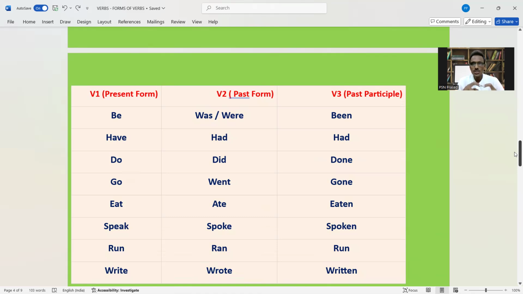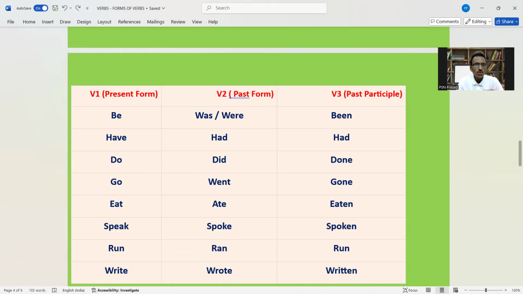The V1 form of the verb is used to say the actions that are happening in the present or that are going to take place in the future, right? And the V2 form is used for the actions that were already completed some time back. And coming to V3, they are used if the action is just completed and the memory is quite fresh.